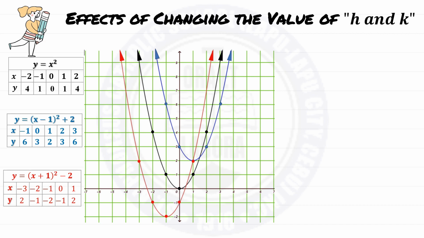While the graph of y equals quantity x plus 1 squared minus 2 is similar in shape to y equals x squared, except that it is shifted 1 unit to the left and 2 units below the x-axis, and it has a vertex of (negative 1, negative 2) and an axis of symmetry x equals negative 1.